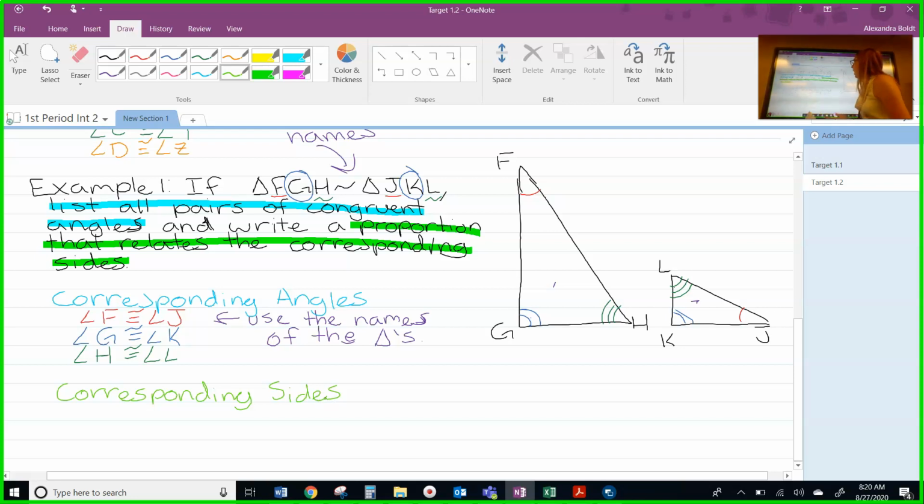Okay, so same way, I'm going to use the names and the markings we've already put on. I'm going to start at F, which has 1 marking, and I'm going to go to G, which has 2 markings. So I'm going from red to blue. So that's FG. In my other triangle, I'm going from red to blue, JK.